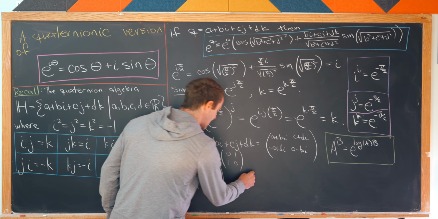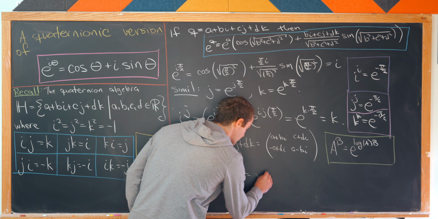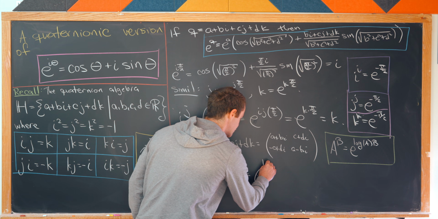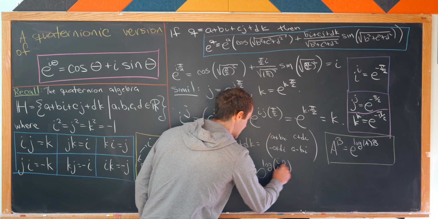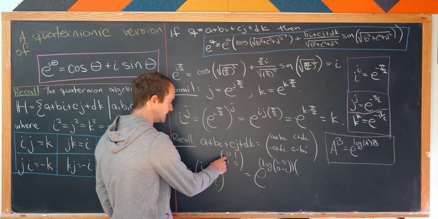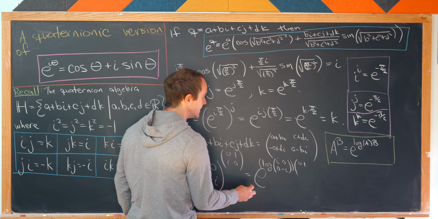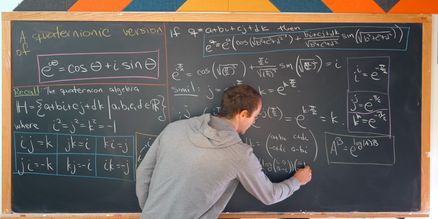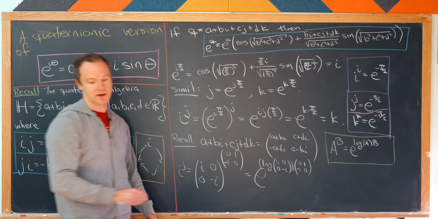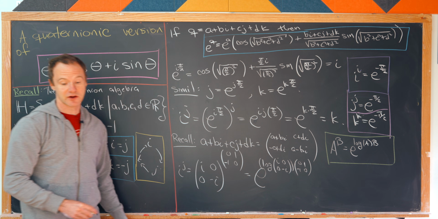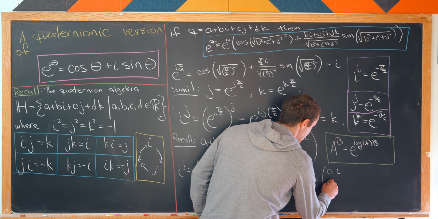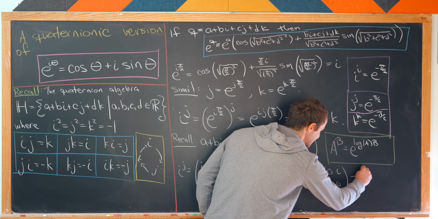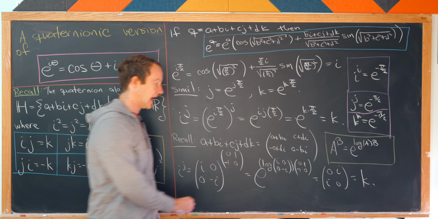But then that's going to in turn be equal to the matrix exponential of the logarithm of i, 0, 0, minus i times this matrix right here, 0, 1, negative 1, 0. I think I missed a minus 1 there. But now if you do that calculation, what you'll see is that you get 0, i, i, 0, which is exactly the matrix for k.